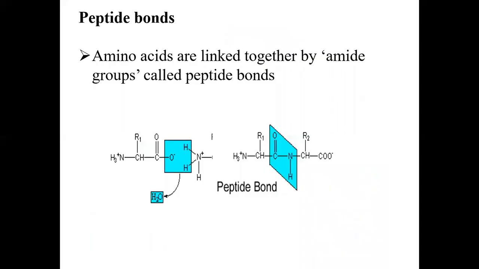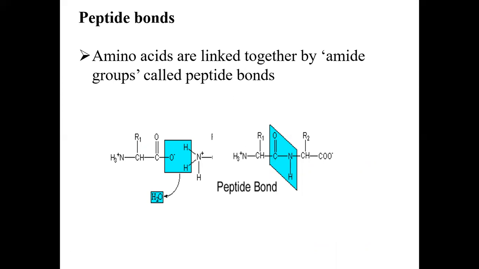The peptide bond links two amino acids, and these amino acids are linked together by an amide group. That's why it is called a peptide bond. A peptide bond is formed between the amino group of one amino acid and the carboxyl group of another amino acid.